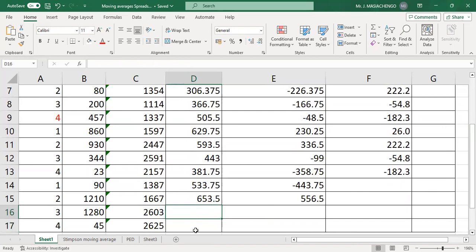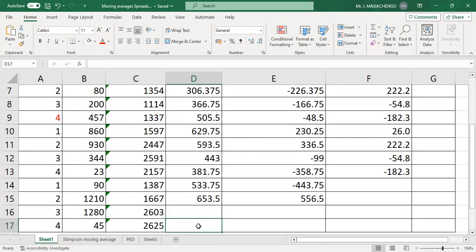But we want to forecast the sales figure for Q4. So we extend the trend, extend it through Q3, then we get into Q4.